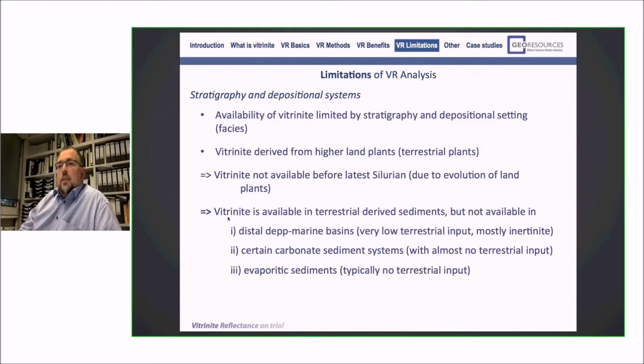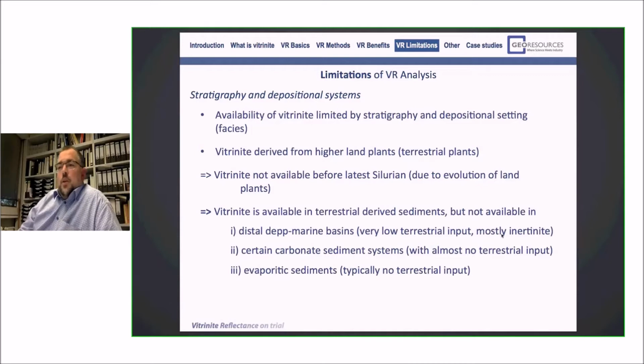And the second point resulting from this fact that they are derived from higher land plants is that vitrinite is available in terrestrial derived sediments, but not in very distal, deep marine basins, where we have very low terrestrial input, and most of this low terrestrial input is inertinite.